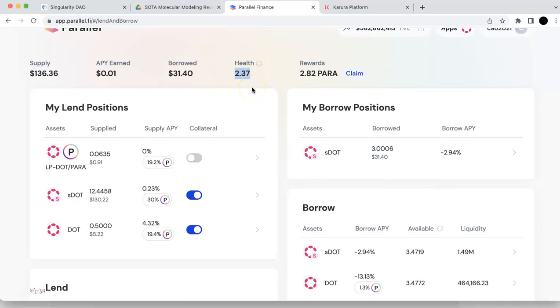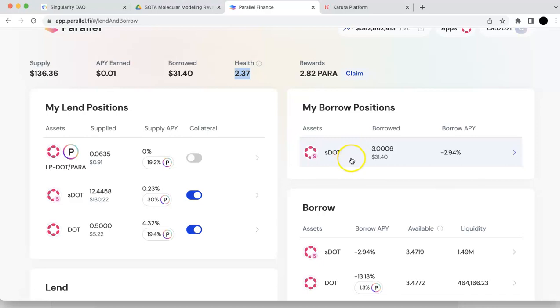But one cool thing on Parallel Finance is that this one is actually very stable. This health never changes because you borrow the sDOT and you also repay the sDOT. So you will not have the risk of liquidation, not like some other protocols, where you borrow some asset and the price of the asset drops, and you lose your collateral.